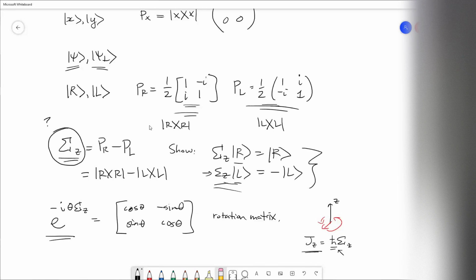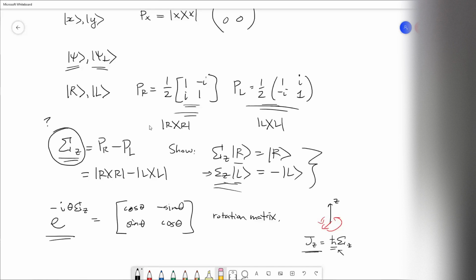Yeah, so whenever you find an operator that's Hermitian, it's probably going to correspond to some physical quantity that you can measure. And you can get some hint of what it is if you know the eigenvectors.